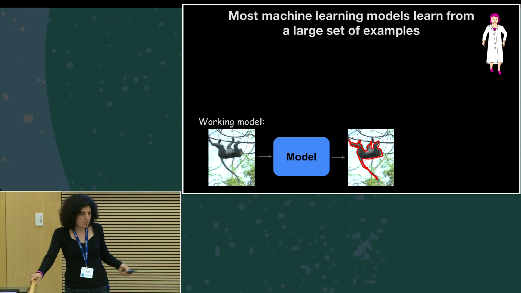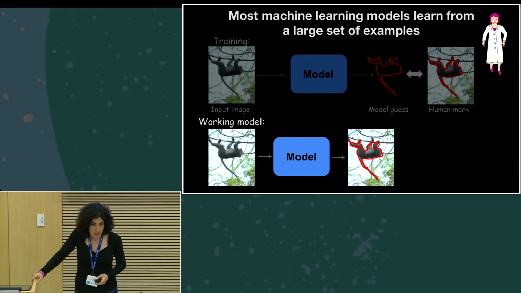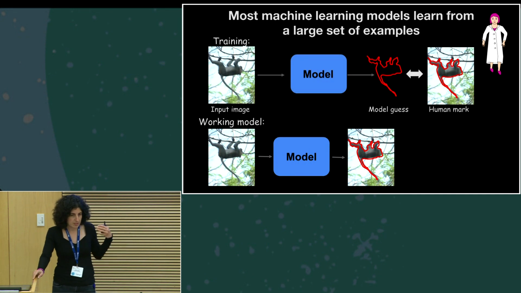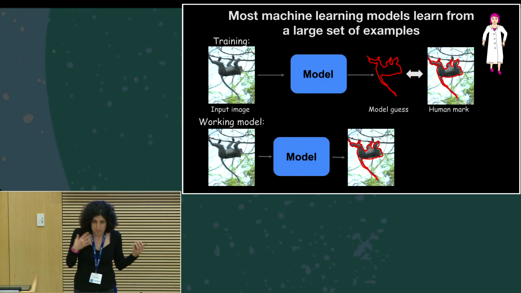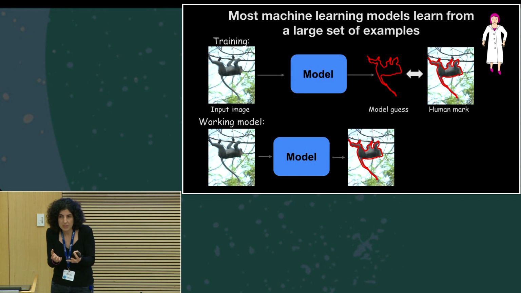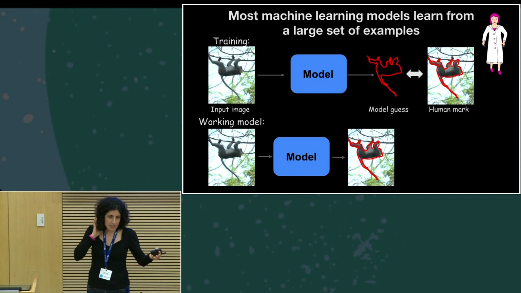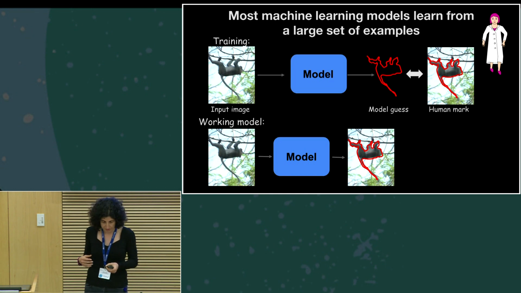And why do we need that? Because we want the network to learn from those examples. The training process is when we take a model, we put in an input image, and the model makes a guess of where the monkey is, and it compares our human annotation to its guess, and if it's not good, it improves its internal parameters until we have a good guess here.